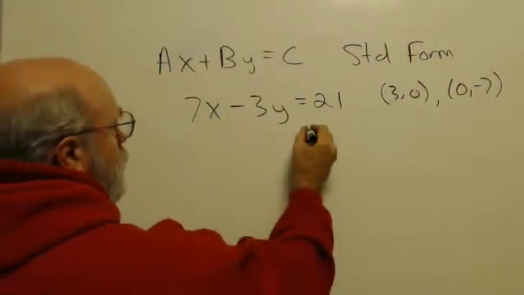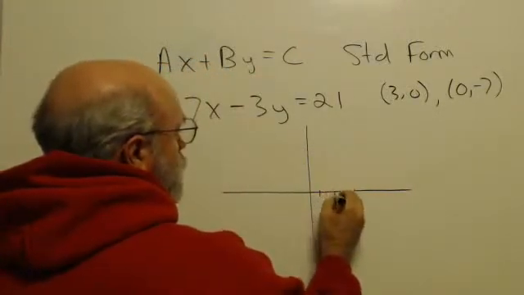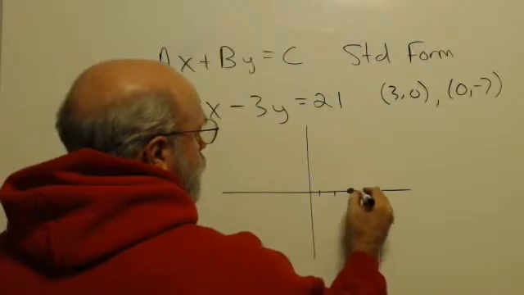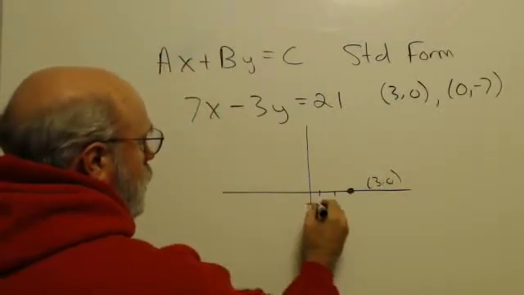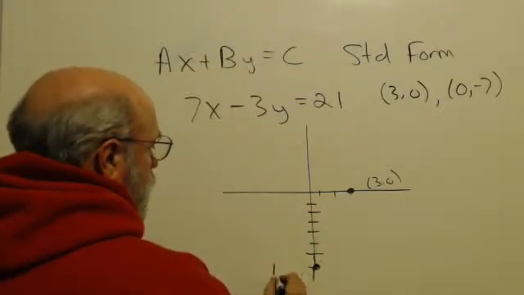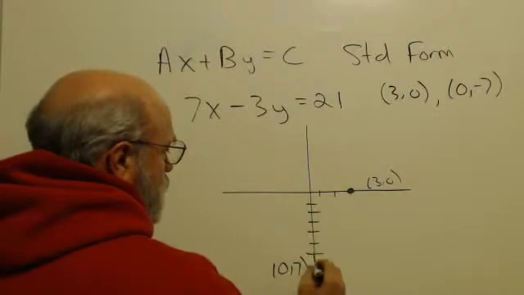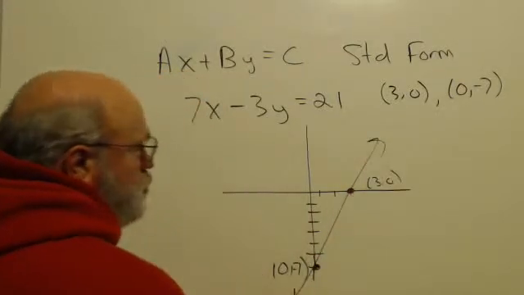Okay, so just a rough graph here, x and y. 1, 2, 3. Over here, the point 3, 0 is the x-intercept. 1, 2, 3, 4, 5, 6, 7. 0, negative 7 is the y-intercept. And 2 points make a line. Draw your line.